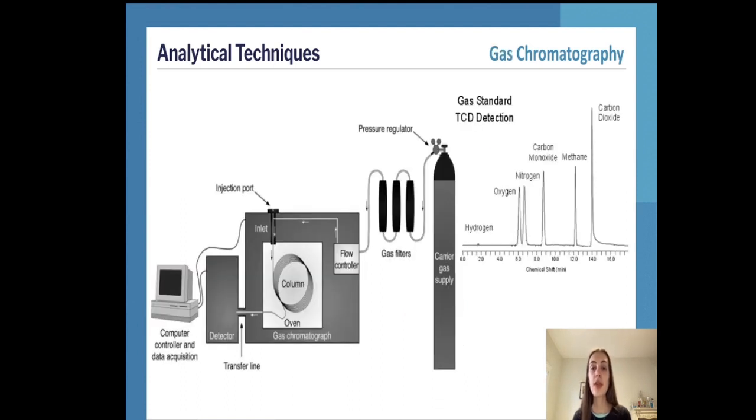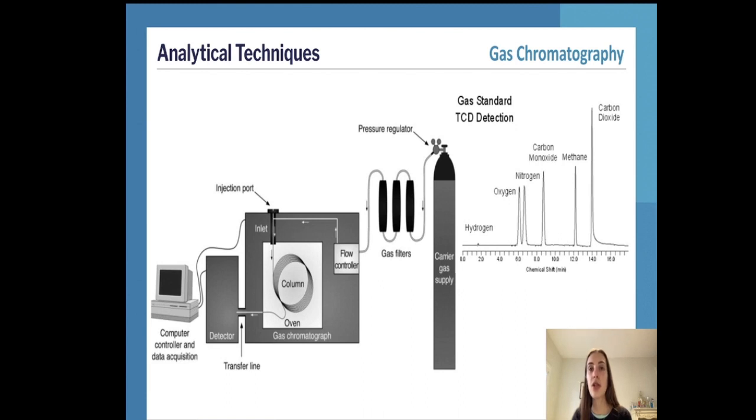So our next one we want to look at is known as gas chromatography. Gas chromatography is a lot less commonly used, just because it's a lot more of a complex process, as we can see from this diagram here. With gas chromatography, it uses a lot of computerized techniques and changes in pressure to help us determine unknown compounds or unknown substances.